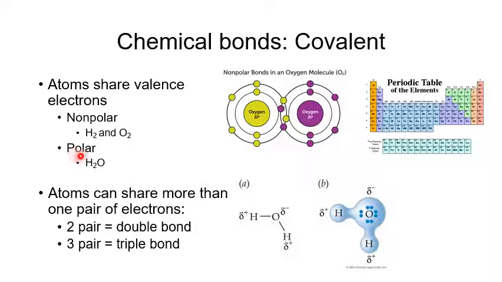So in a polar molecule, the electrons are not shared equally, so there's a negative pull to the molecule and a positive pull to the molecule. Where in nonpolar molecules, there is equal sharing, so there's no negative and positive pull here since they are equally shared.